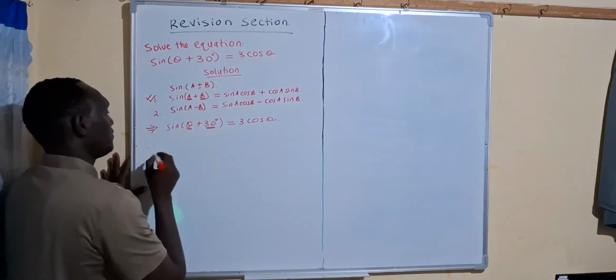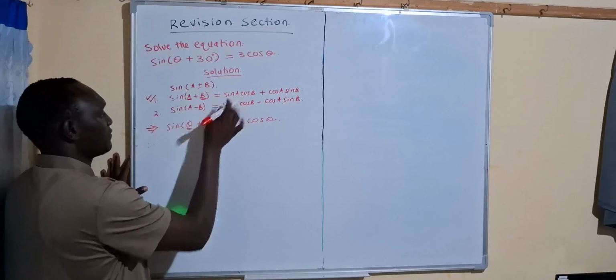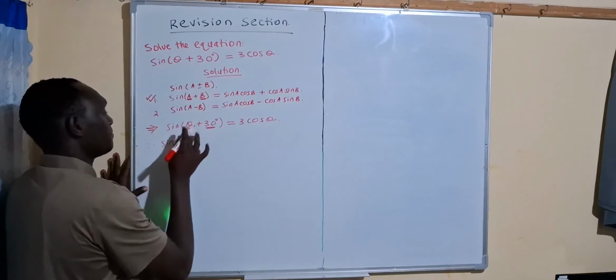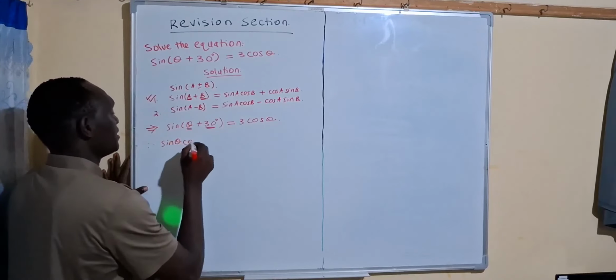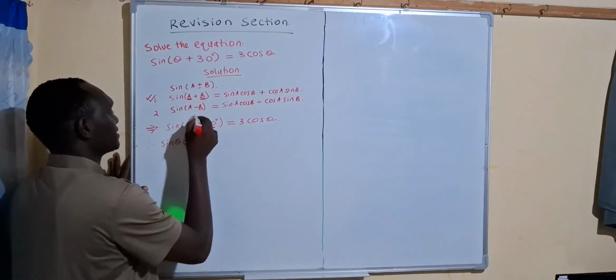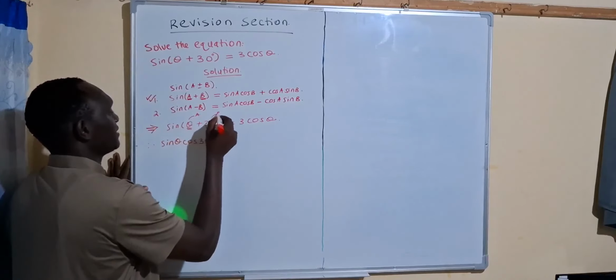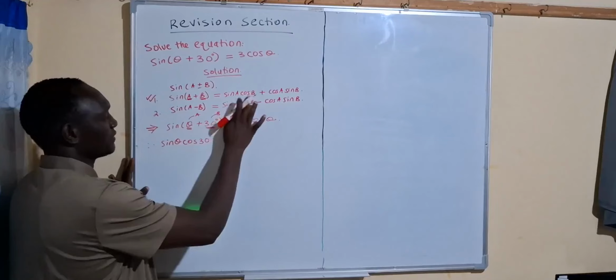Therefore, we shall have sine of A, but A now corresponds to theta, and then cos of B, where B corresponds to 30 degrees. So we have substituted for the first term.